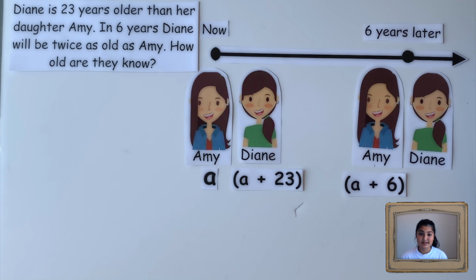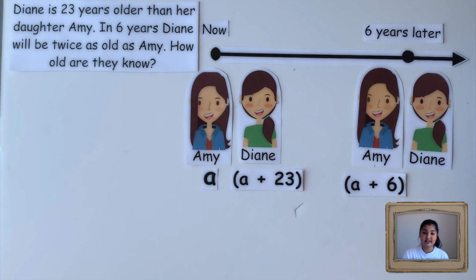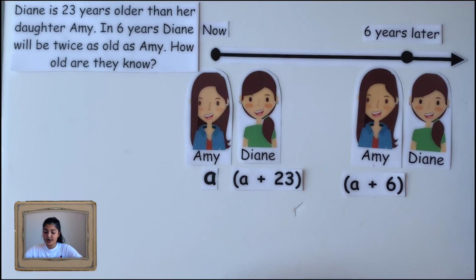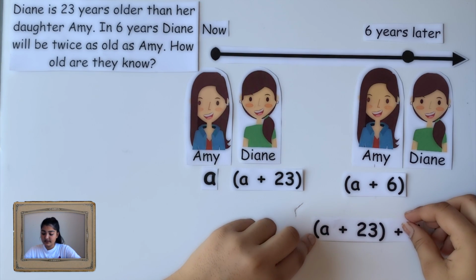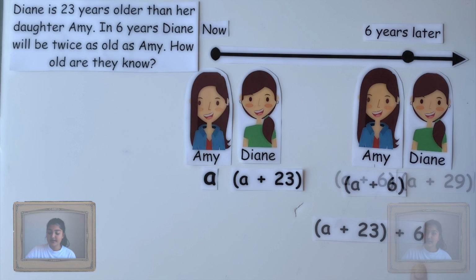But what about Diane? Diane is A plus 23 years old now. So in 6 years, her age will be A plus 23 plus 6, which we can simplify. 23 plus 6 is 29.